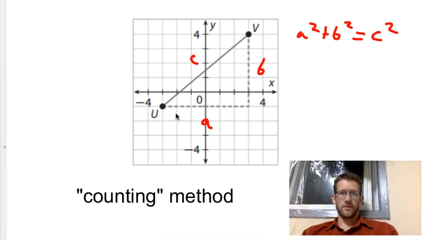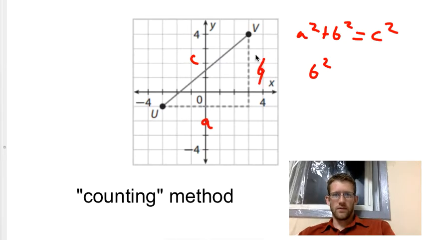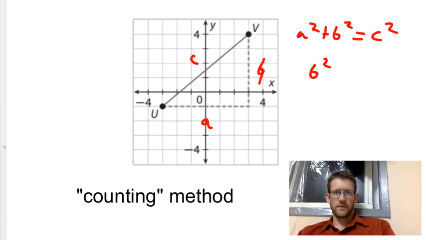So I can count a, 1, 2, 3, 4, 5, 6. 6 squared, no subtraction necessary. So this is a B, not a 6. So side B here, 1, 2, 3, 4, 5.